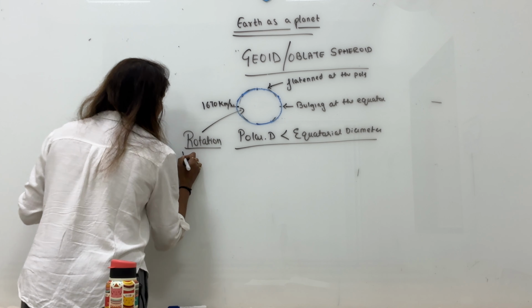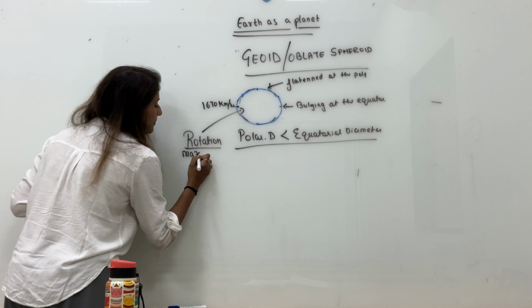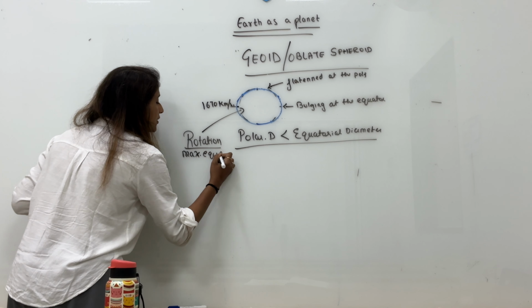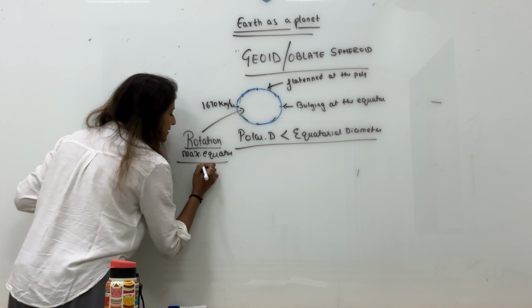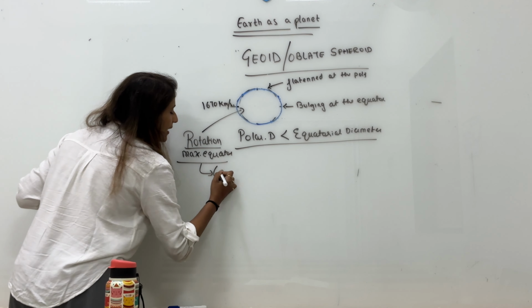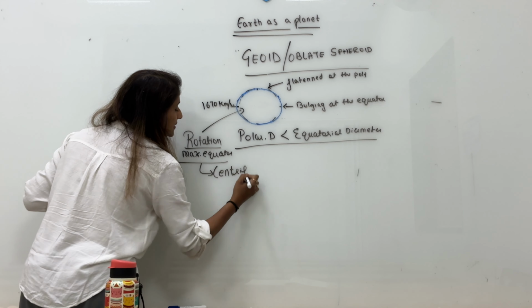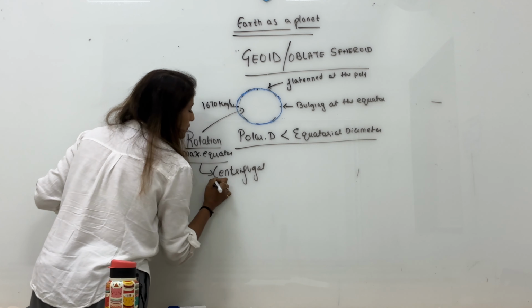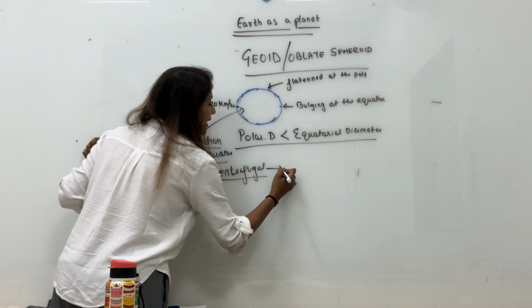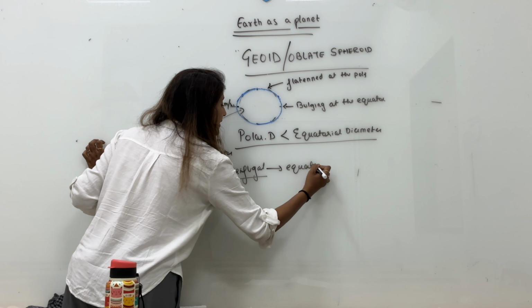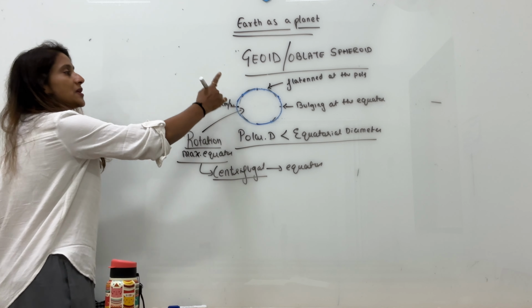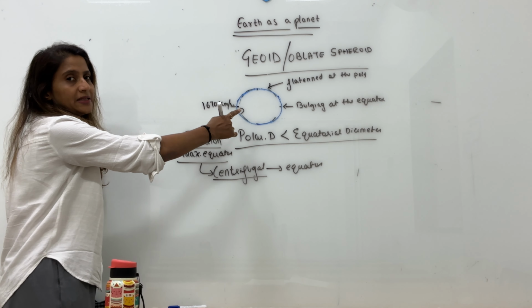The speed of the rotation is maximum at the equator, due to which a force is created at the equator, and that force is called centrifugal force. It is created at the equator because the speed of rotation is maximum at the equator.